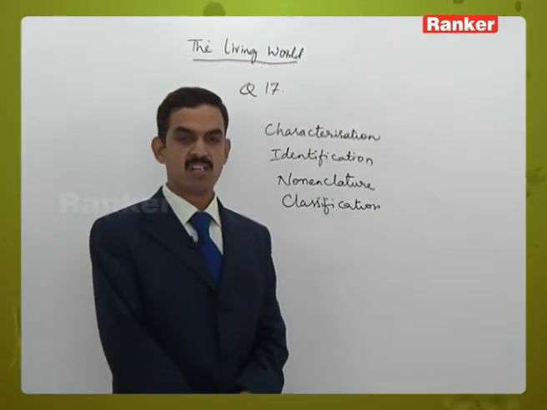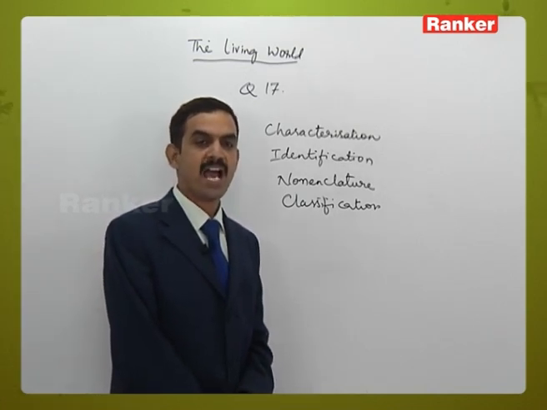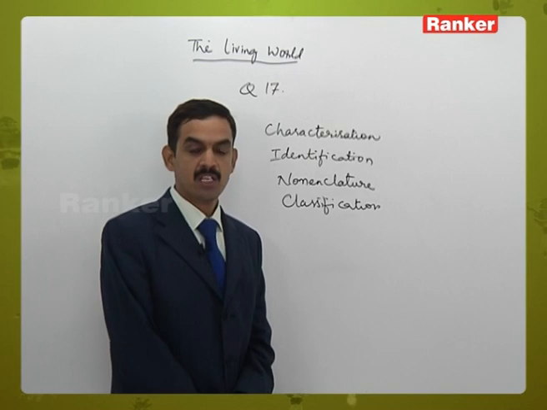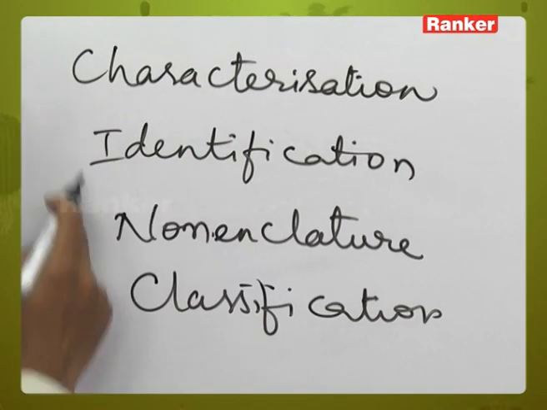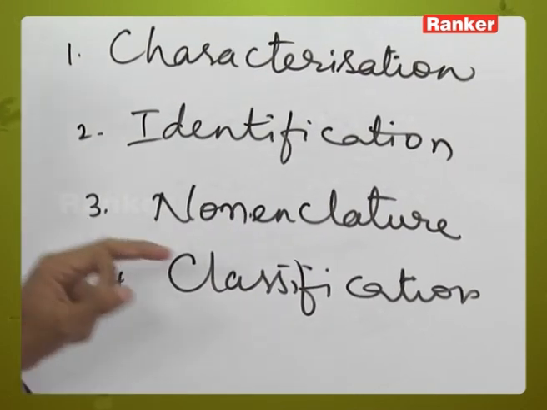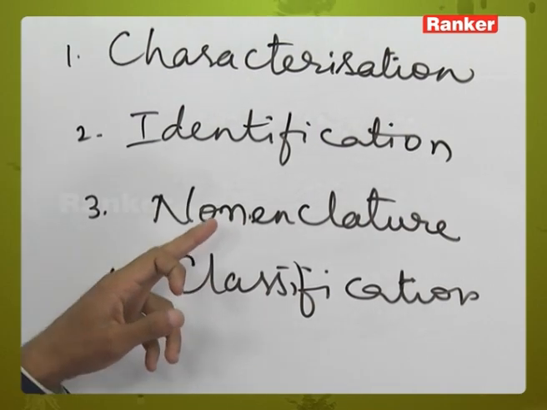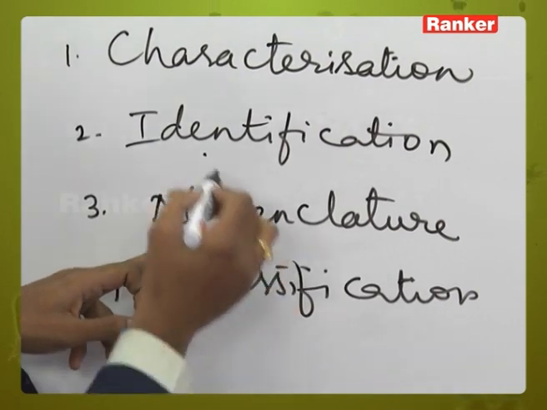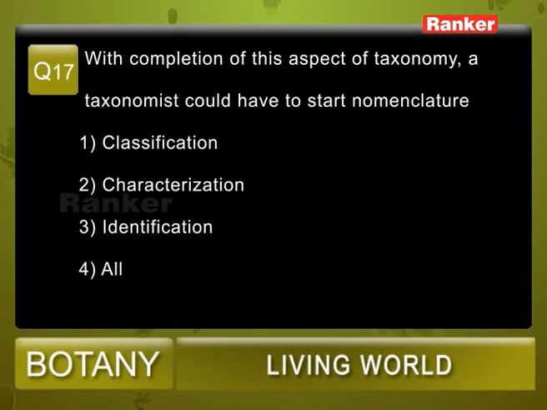So the question is, with the completion of which aspect of taxonomy would a taxonomist start nomenclature? In the order I said, this is the first one, second one, third one, and fourth one. So he has to go for identification before nomenclature. So this is the correct answer. Question number 17, the correct answer is 3.